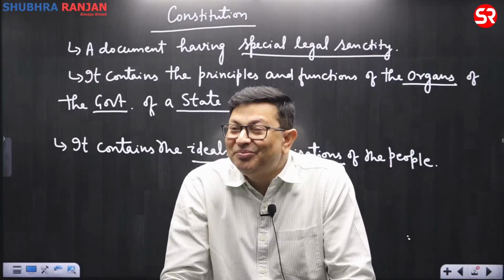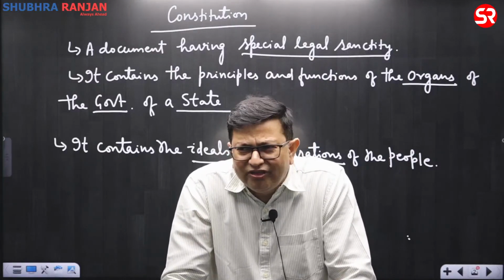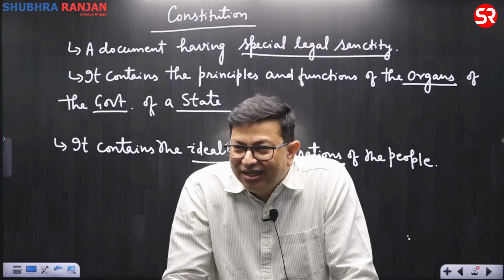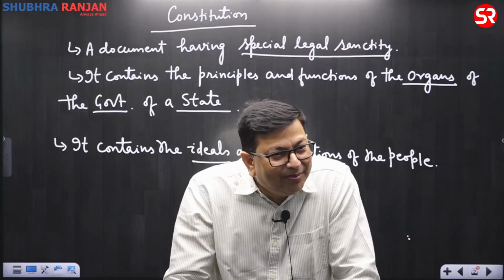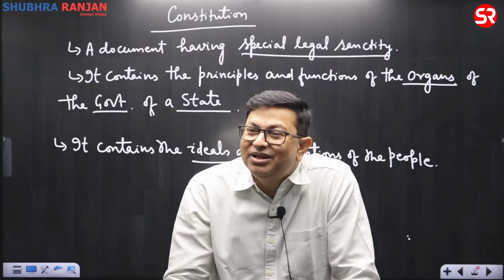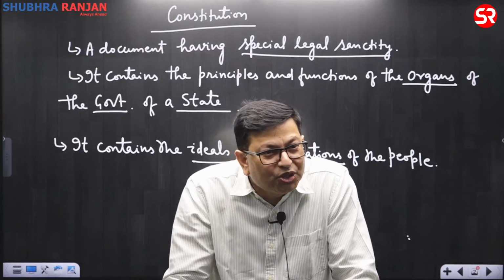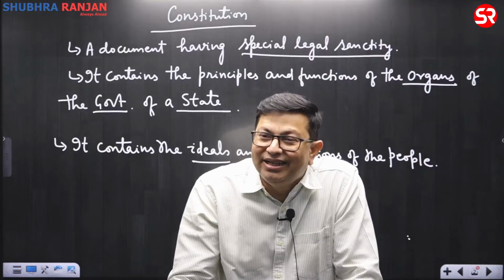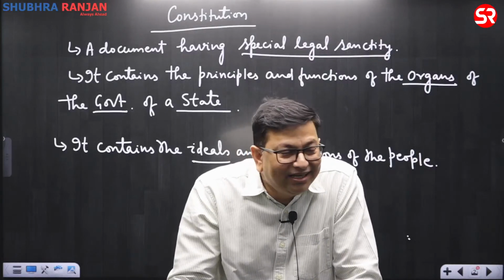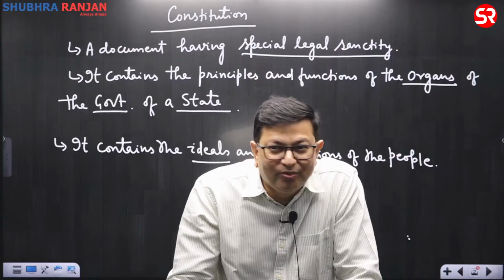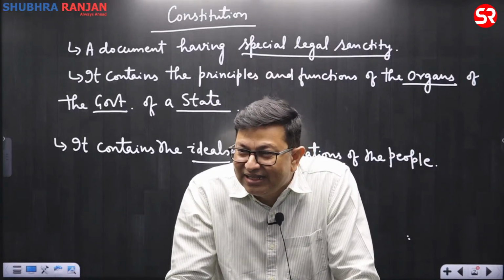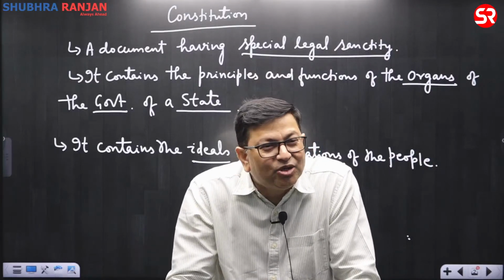That is why the constitutions of most of the countries have chapters like the rights of the people, what the state shall do to have socio-economic equality in the society, and what type of law should be there for creating a society based on justice.